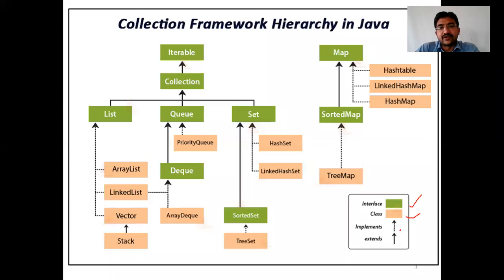The dotted line is considered as implements, and the arrow mark is used for extends. Okay, so at the start, Iterable is the root of the hierarchy.